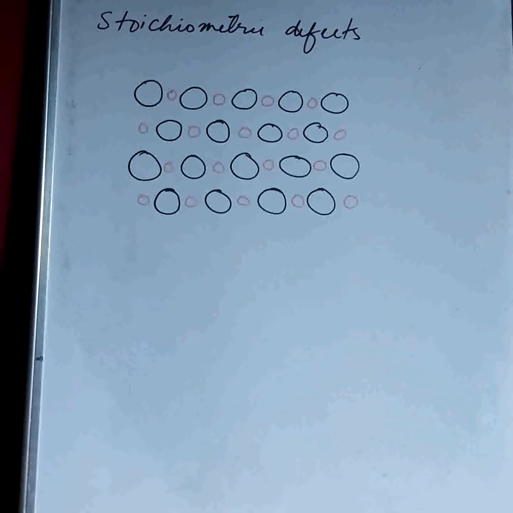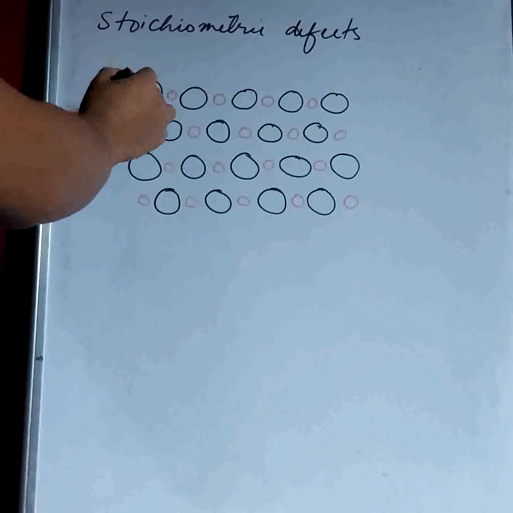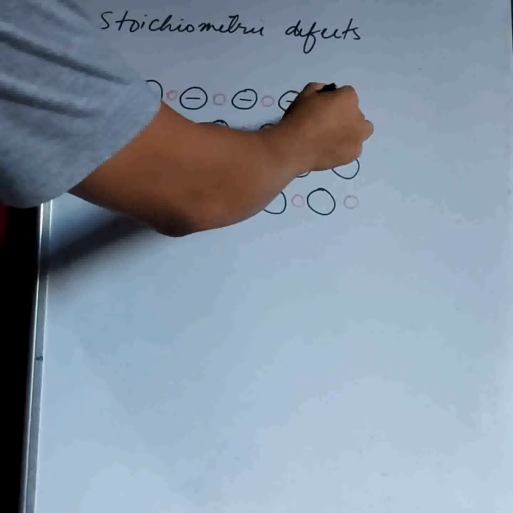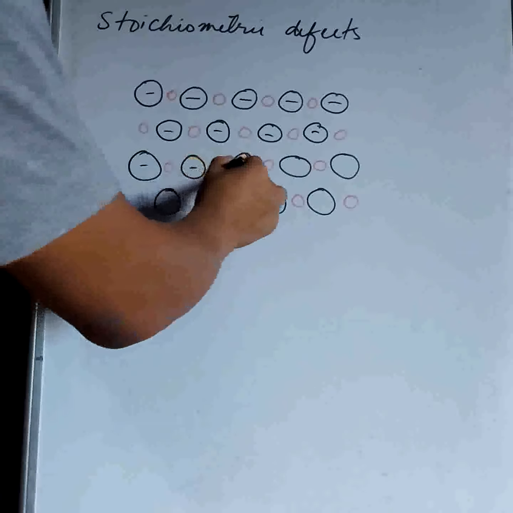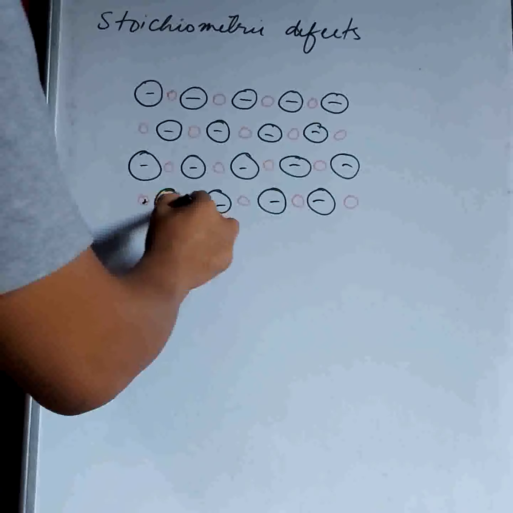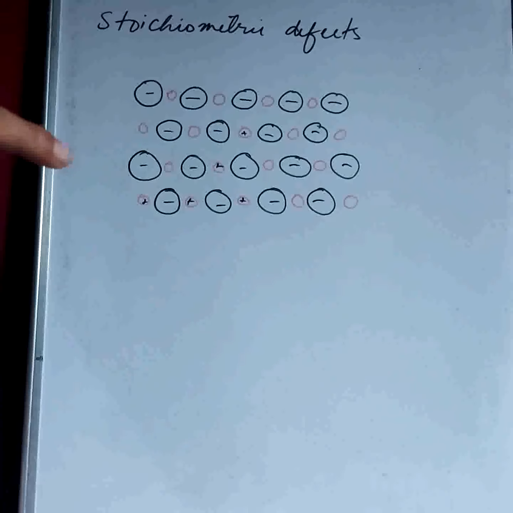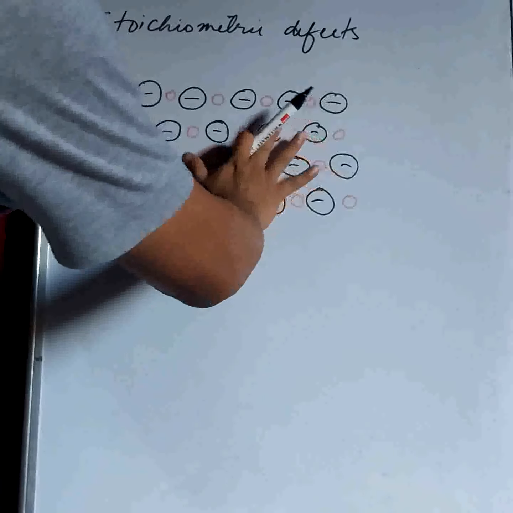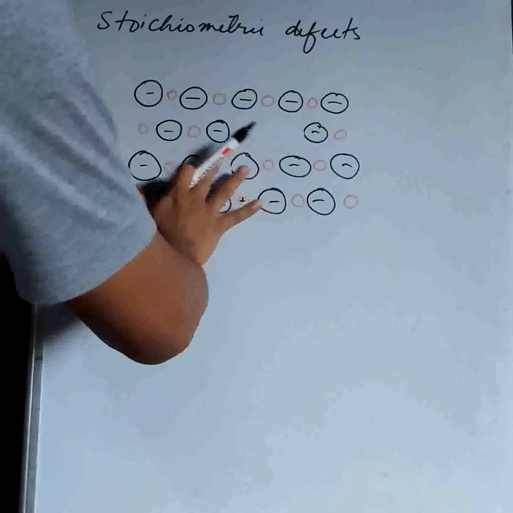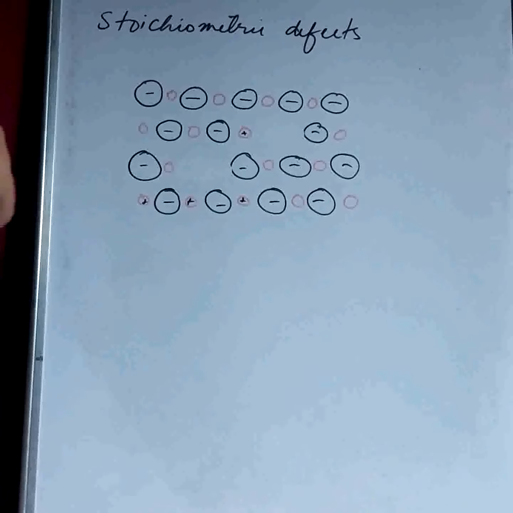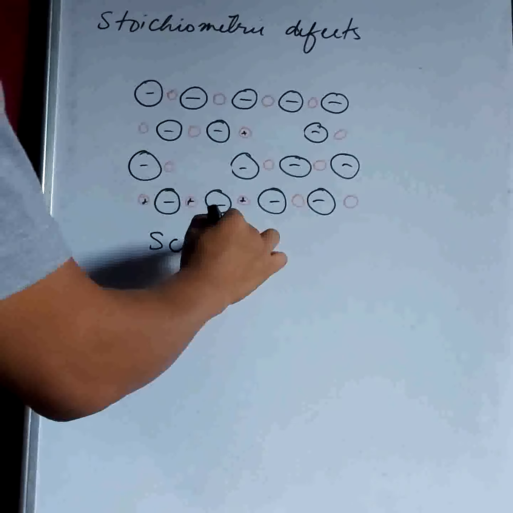If we take the bigger dots to be anions and the smaller ones to be cations, and if there are points missing, like both the ions missing from different areas, then those are called the Schottky defect.